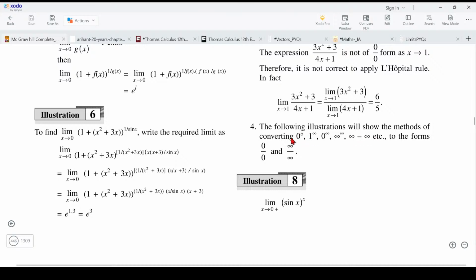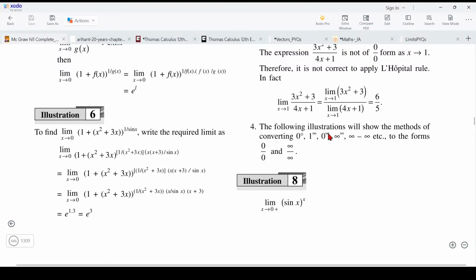So, for example, 0 power 0. Anything power 0 is 1. 0 power anything is 0. But if it is 0 power 0, we are not clear what exactly this is. 2 power 0, 3 power 0, these are all ones. But if it is 0 power 0, we cannot clearly say. Similarly, 0 power infinity.